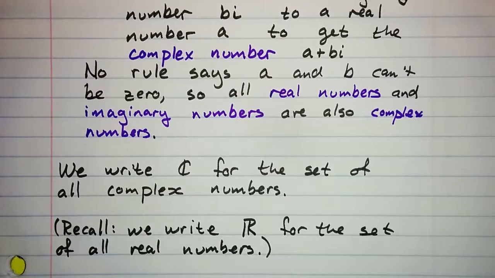Now it turns out that this one property that we know, i squared equals negative 1, is enough to get us everything we could possibly want about the arithmetic of complex numbers. The simplest thing that it gets us is the ability to take powers of i really easily. So, finding powers of i.